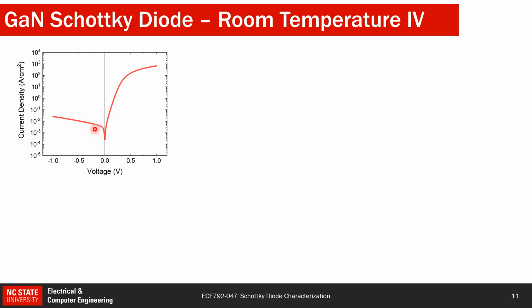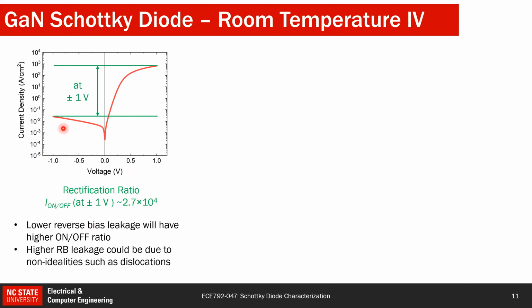And from this graph, I can find a rectification ratio, that is, at +1 and -1 volt, what is the ratio. This is the value that I can get from this measurement. So normally, when you have a lower leakage, you would get a higher on-off ratio.